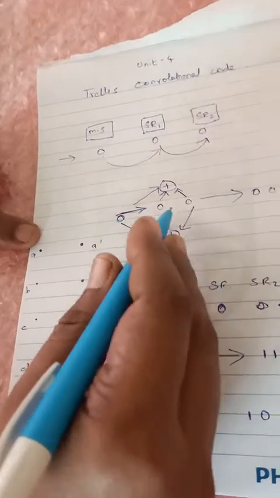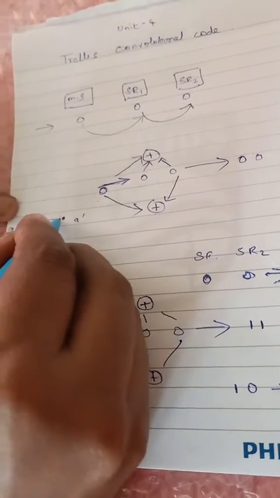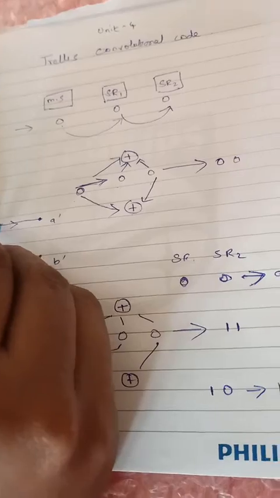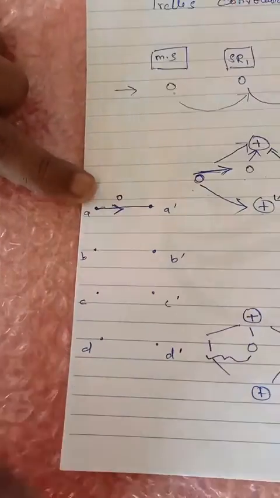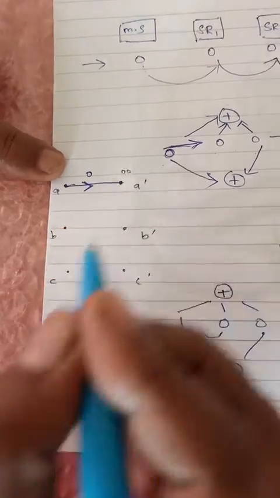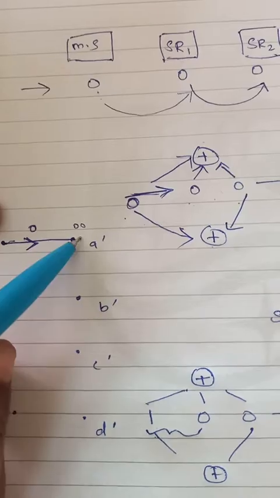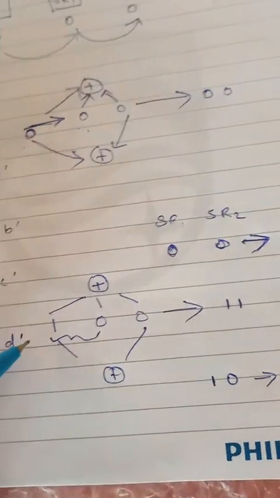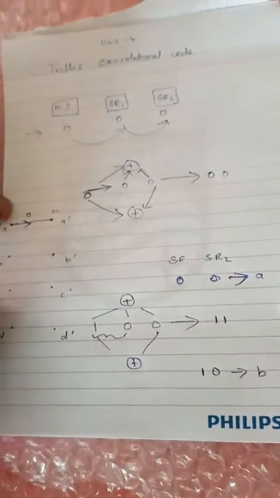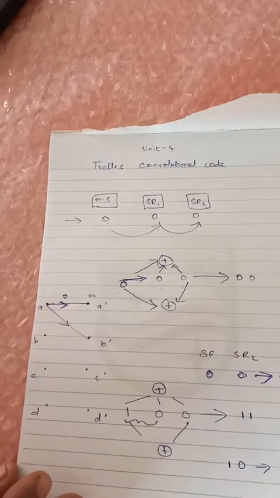When it is 0 0 and the incoming bit is 0, your output is going to be 0 0. Here I am representing the dark line as your incoming bit 0 and your output is going to be 0 0. So from A it is going to move on to A dash state and the output is going to be 0 0. Similarly when it is in state A and the incoming bit is 1, A is going to move on to your B state.